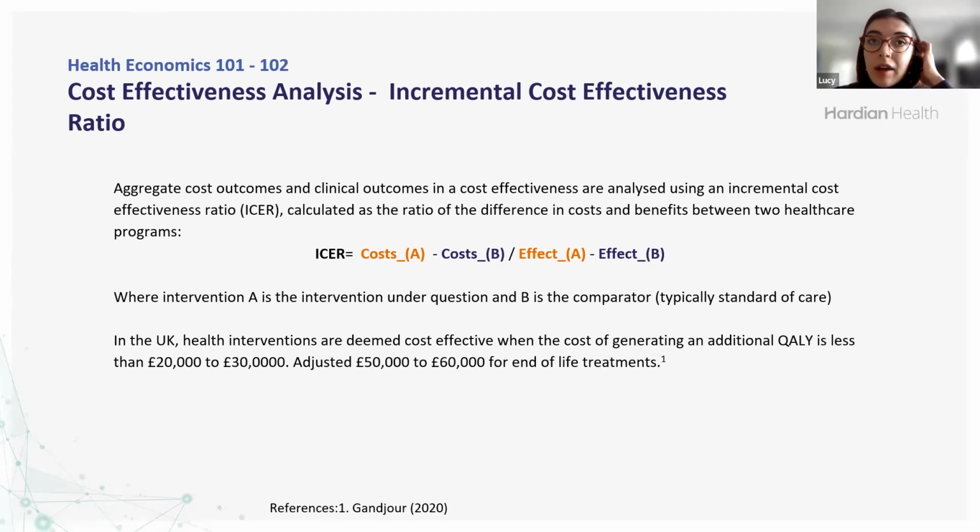And in the UK, NICE don't publicly say that they have a threshold, but analysts have done assessments of all NICE submissions and worked out that NICE do have a threshold at which they recommend technologies for adoption and which they don't. And that threshold for most interventions is between £20,000 and £30,000.